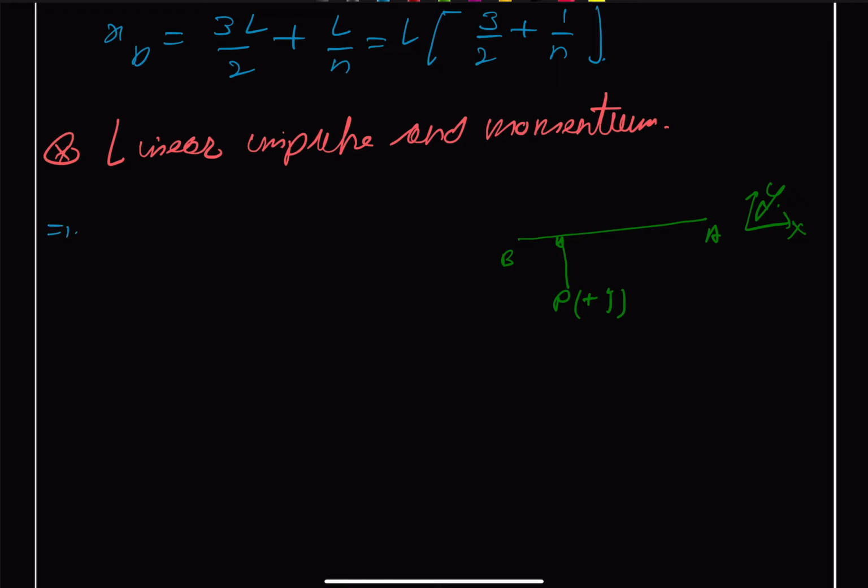So we can see impulse P is applied perpendicular to the rod, in the plus J direction.